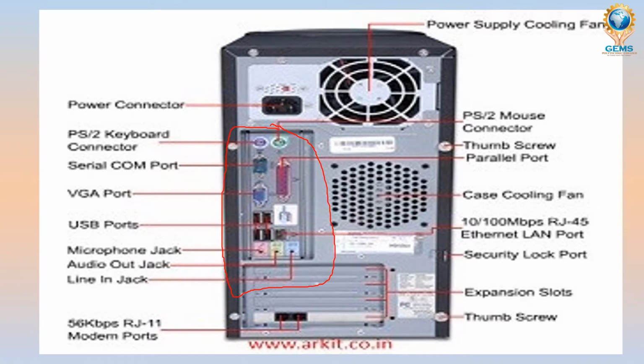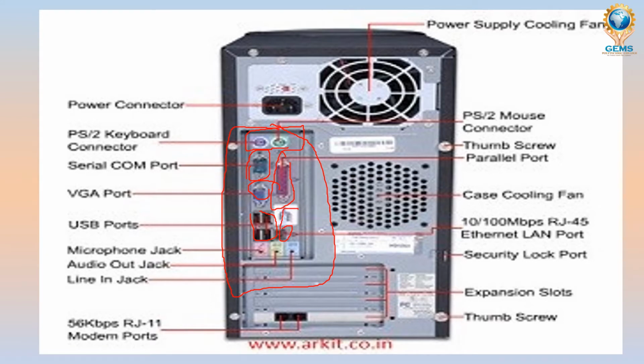Here we see different ports. This is the PS/2 port that is used to connect keyboard and mouse, and here is the serial COM port, this is the VGA port, that is the parallel port, and here are the USB port, HDMI port, and DVI port.